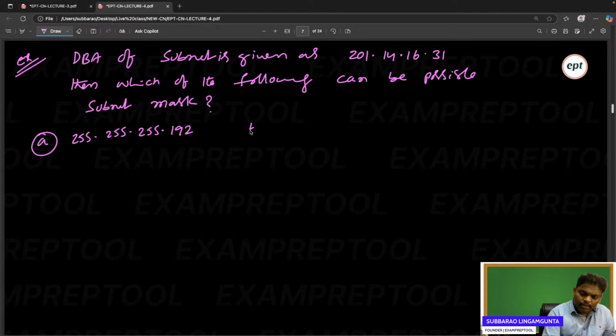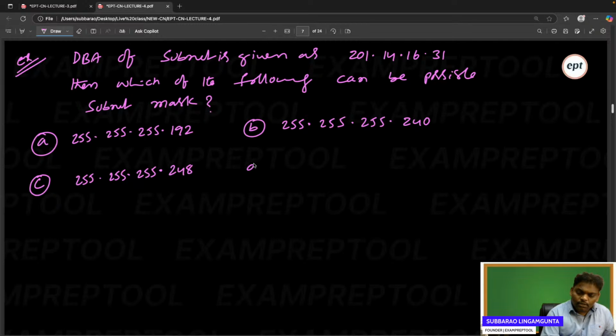Option B given as 255.240. It's a very nice problem. Let's see how many people will give answer. Option C given as 255.248. Option D given as none.